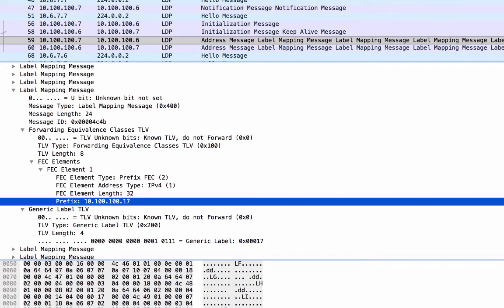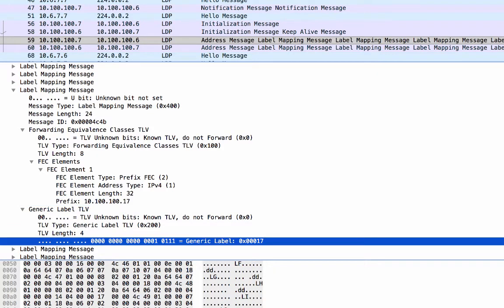It says it can get to 10.100.100.17, and that if Charlie6 wants to use Charlie7 to get to 17, Charlie6 should use the label that Charlie7 is advertising to it and assigning it, which is actually 17. Now if you notice, that's a hex 17. Hex 17 will become decimal 23.